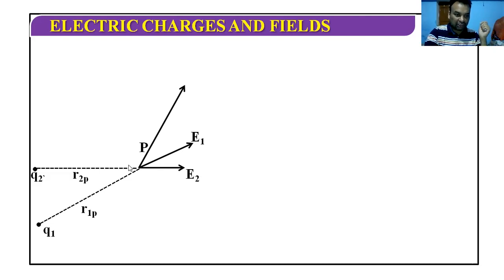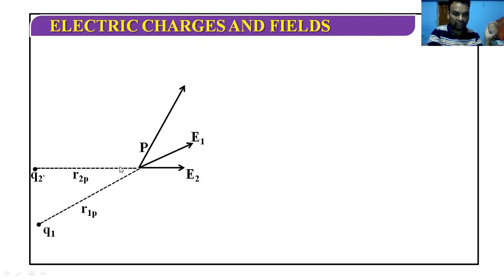Now we take another charge, q2, and again we are interested in finding the electric field at point P due to this q2. Definitely that will be along the line joining P and q2, like the line joining P with q1. So the electric field is always along the line joining the point of observation to the actual charge. This is our point of observation and this is our actual charge.